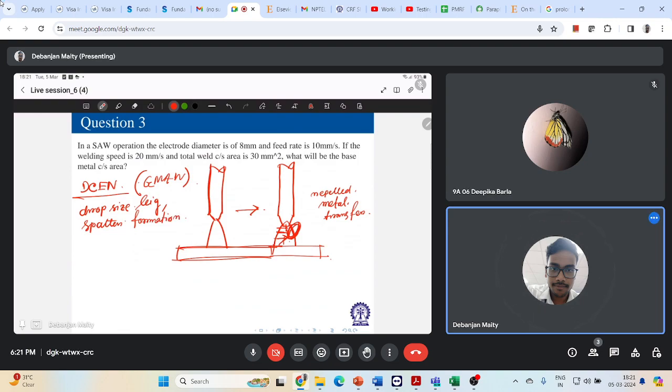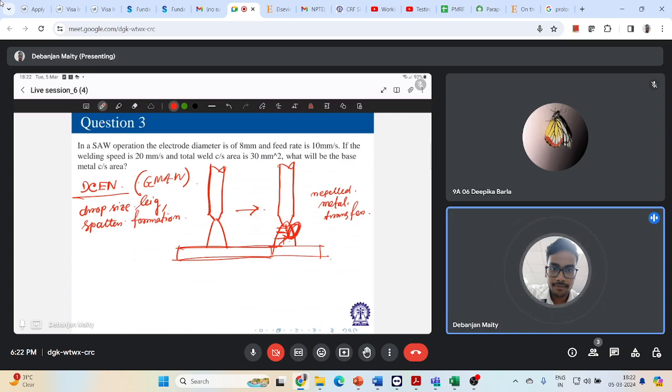You can also come up with some kind of spray transfer where the globule formation will be very fine. So spray transfer may be observed if you are using argon shielding with a consumable electrode arc, right?